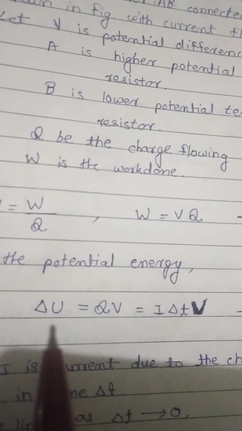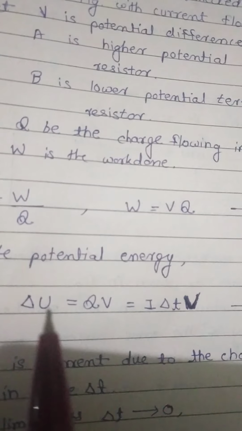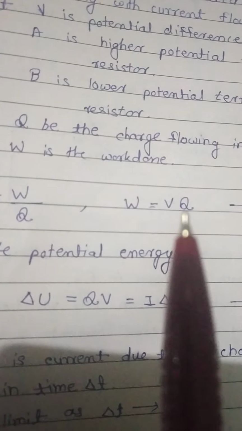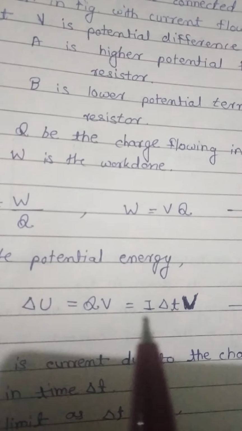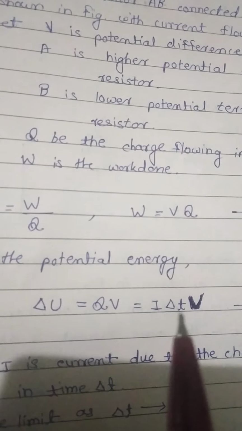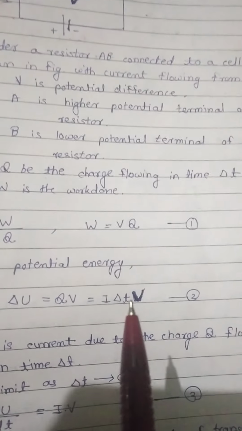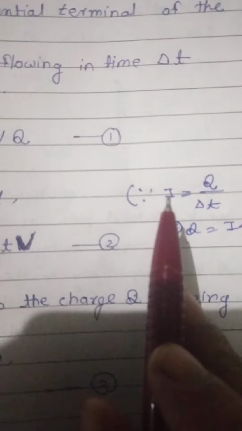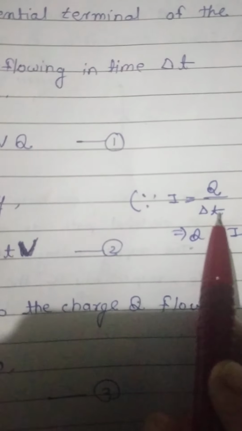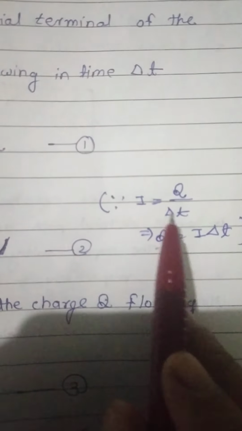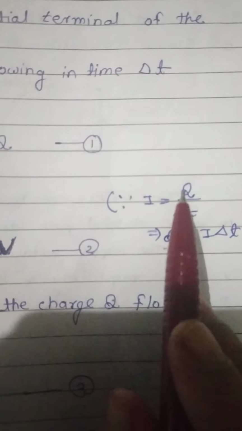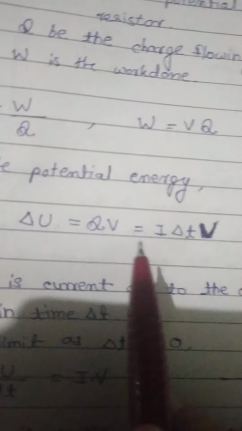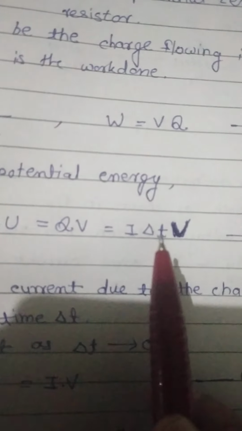So delta U, the potential energy, is equal to Q into V, which is equal to I into delta T into V. We know that current I is equal to Q upon delta T, so Q is equal to I into delta T, the charge flowing in a small time delta T. So put Q is equal to I delta T into V.